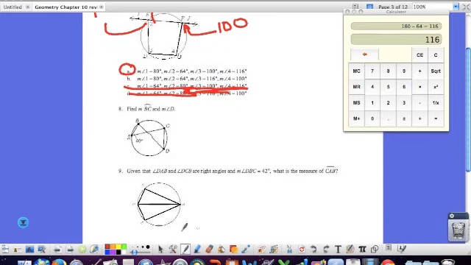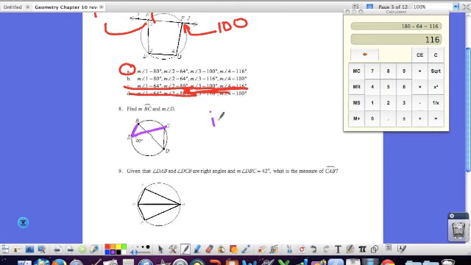For number 8, find the measure of arc BC and angle D. BC is an arc intercepted by the inscribed angle BAD. The inscribed angle is 40 degrees.